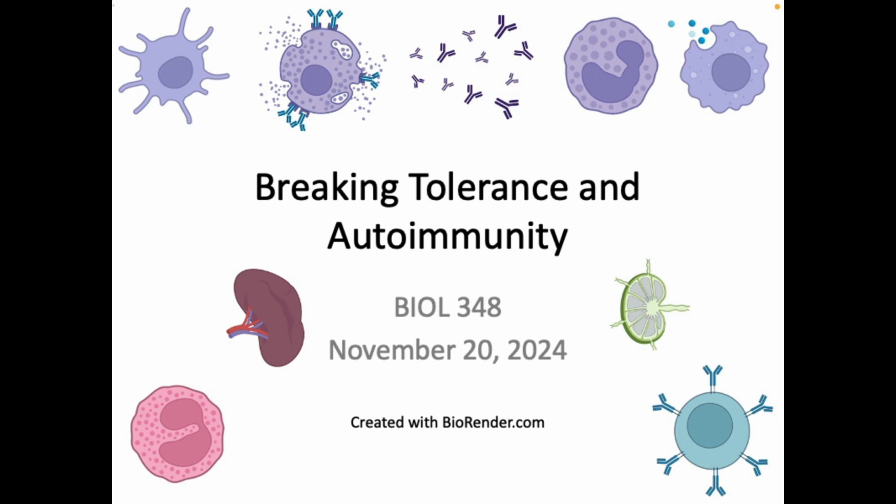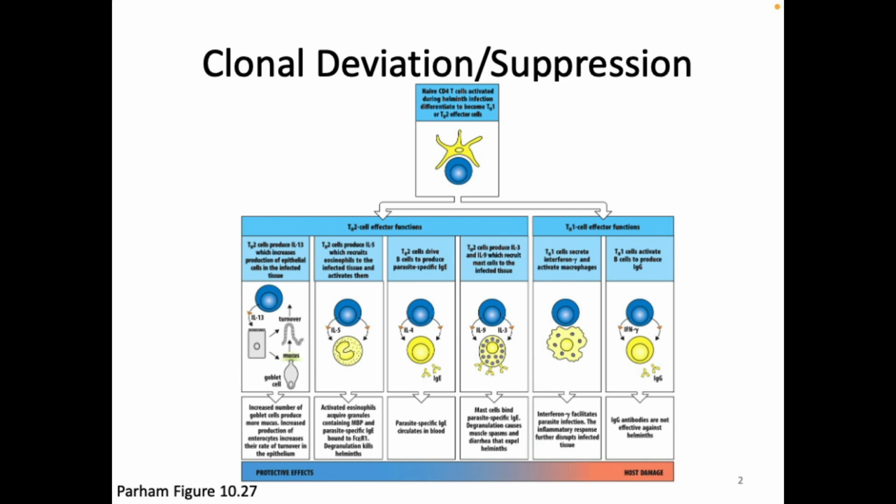So today we're going to finish talking about a variety of things related to autoimmunity. One of those is the final piece of the clonal deviation and clonal suppression example that I started talking about last time.